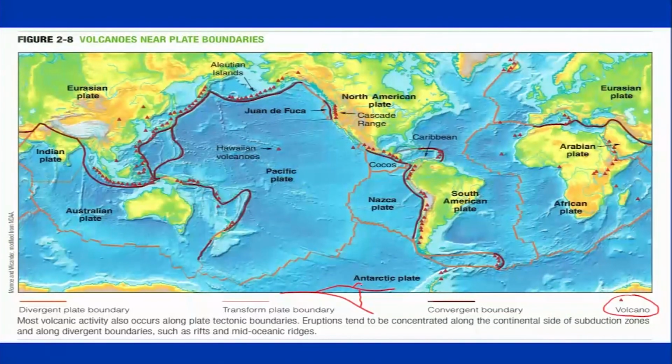Otherwise, you will not see volcanic eruptions in all plate configurations. It is difficult because you need a source which will melt in the deeper part of the Earth's interior and result in volcanic eruptions. Again, in this subduction zone we have volcanoes here, but we don't have volcanoes in this area.